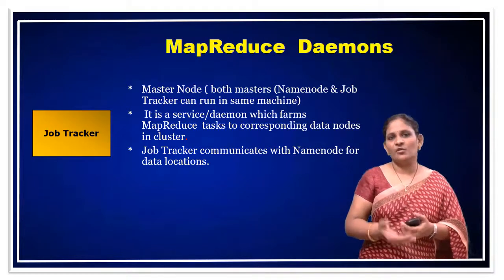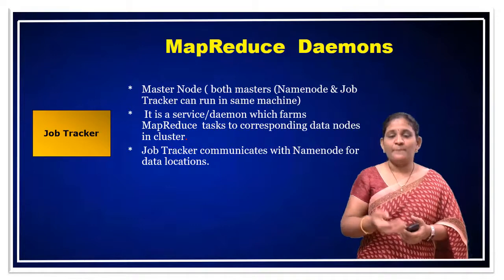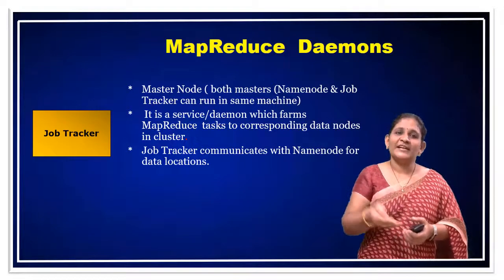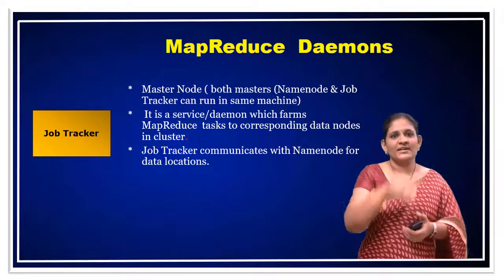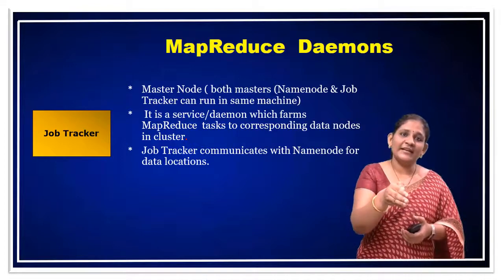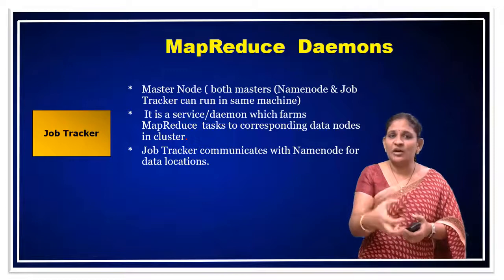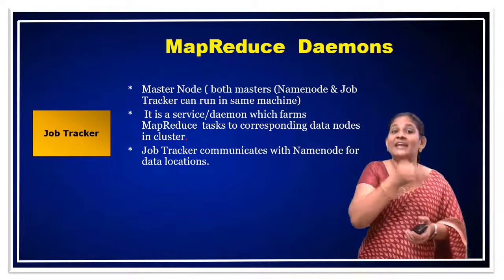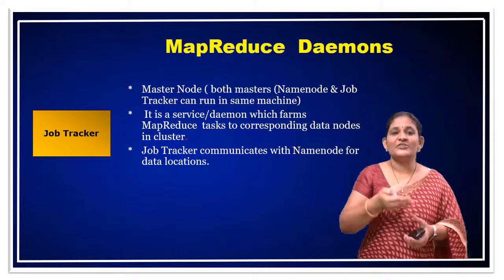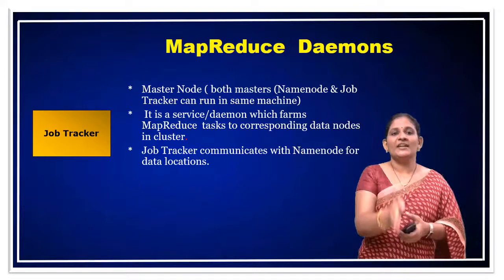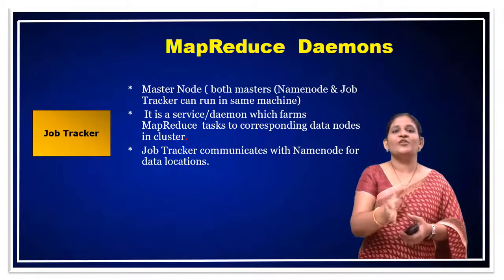Because whatever code I have written, that code will process which data? The data which is already stored in the cluster. The data is stored in the data nodes. But which data node is having which block? That information is stored with the NameNode. So the job tracker will interact with the NameNode for data locations.